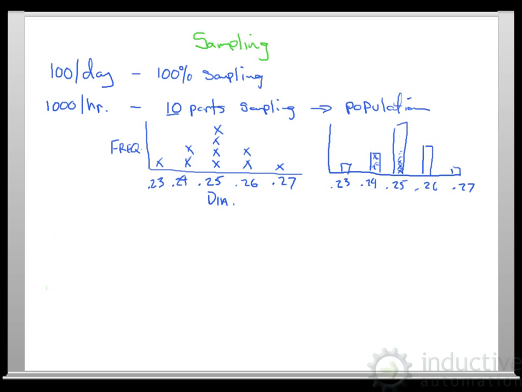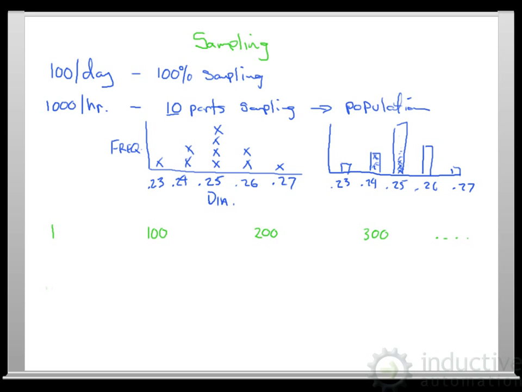There are a couple of ways that sampling is done. One is that the parts are coming down the line, and at some frequency you take a sample. So maybe part one comes down the line and we take a sample, then the 100th part comes down the line and we take another sample, and the 200th part, and the 300th part, and so on. So we're taking one measurement every 100 parts. You could do it by time, you can do it many different ways.